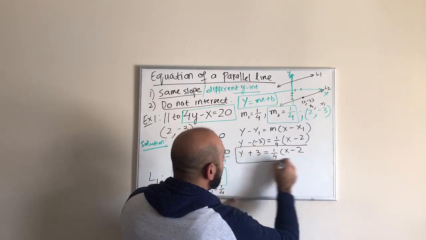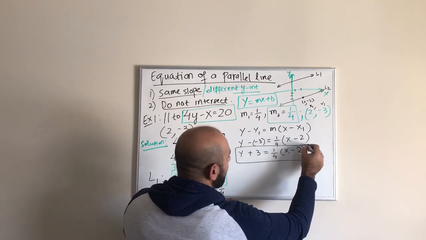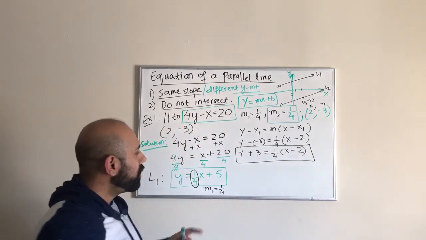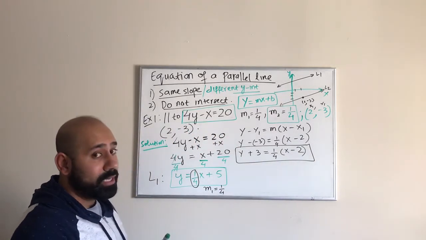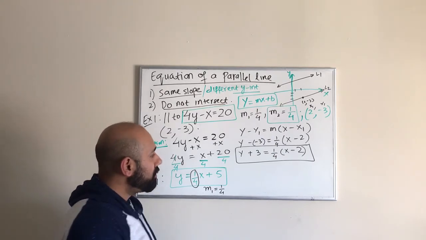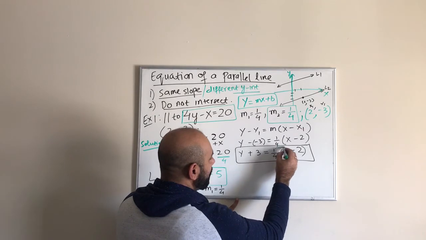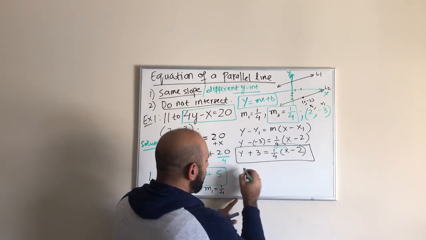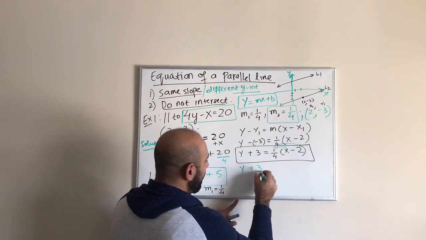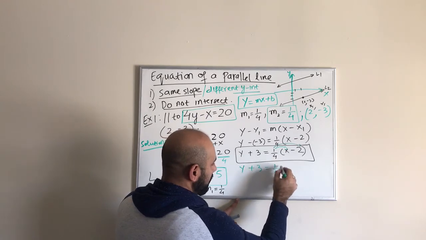Guys, at this point, we are basically done writing the equation of a line. But if you want to transform it into slope-intercept form, we already know how to do that. Let's do it for this one. In order to do that, you'll have to distribute this 1/4 carefully. So it's y plus 3 equals 1/4 x.